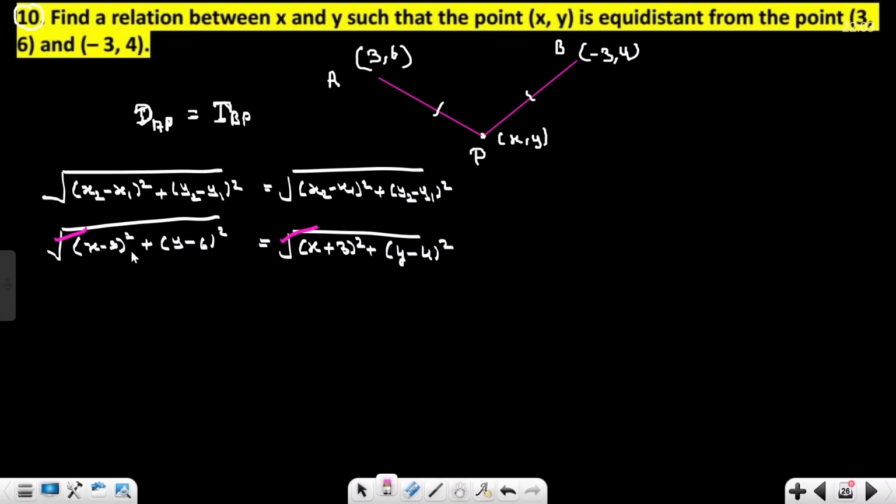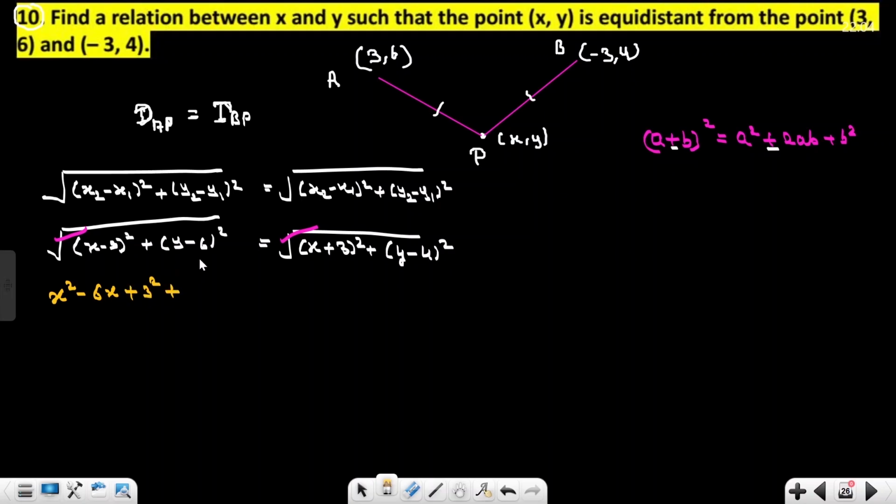Okay, so open the squares. Here we use two formulas. A plus B whole square is equal to what? A square plus 2AB plus B square. And if there is a negative sign, A minus B, it means A square minus 2AB plus B square. Only one sign changes. x minus 3 square is what? x square minus 2 into x into 3, which means 6x, plus 3 square.